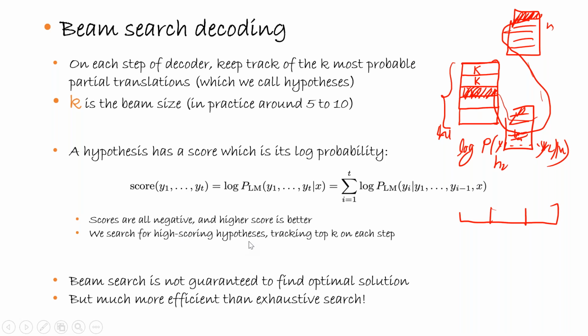We search for high scoring hypotheses, tracking top k on each step. Beam search is not guaranteed to find the optimal solution. However, though it does not give us the optimal solution, we are still taking this over other search types or other decoding techniques, because it is much more efficient than exhaustive search.